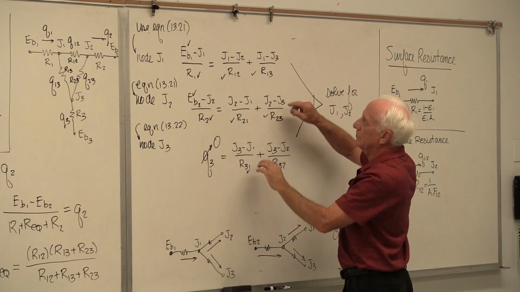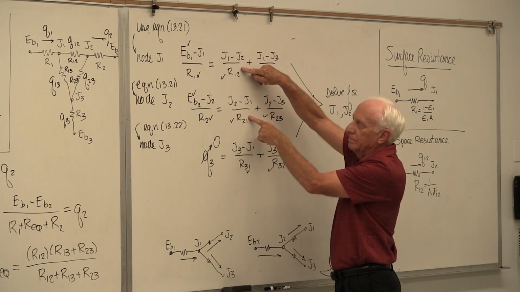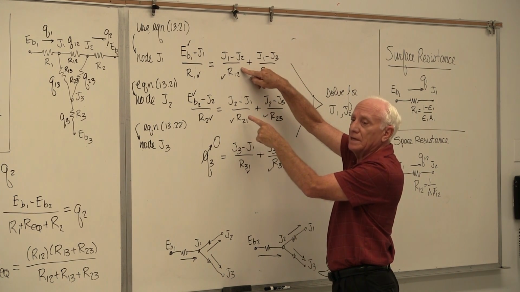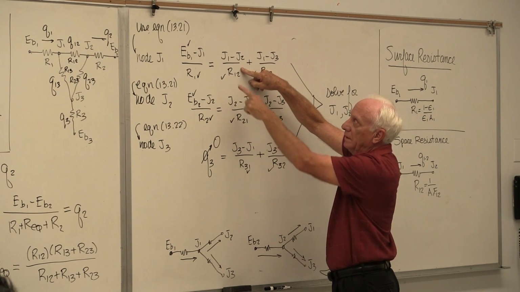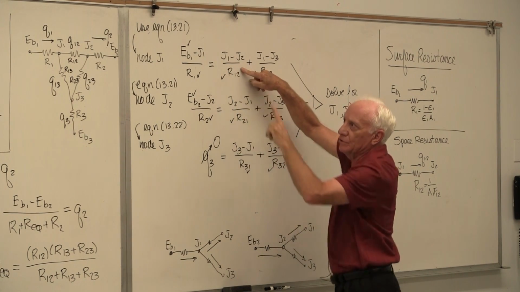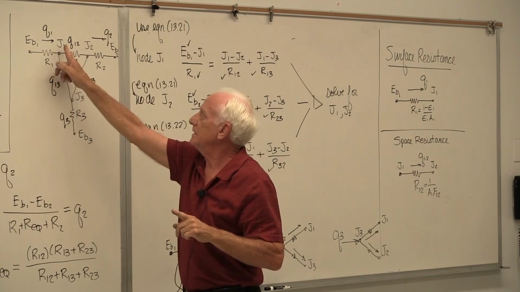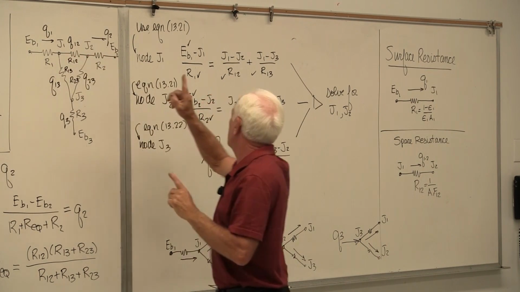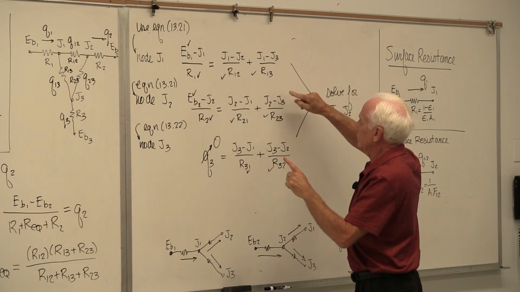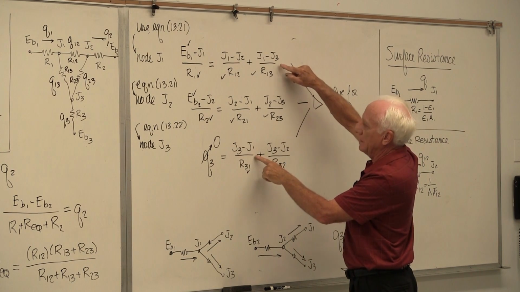I want Q12. Take your choice. Now, watch the sign. If J1 is bigger than J2, that means heat goes from J1 to J2. Now, J13.